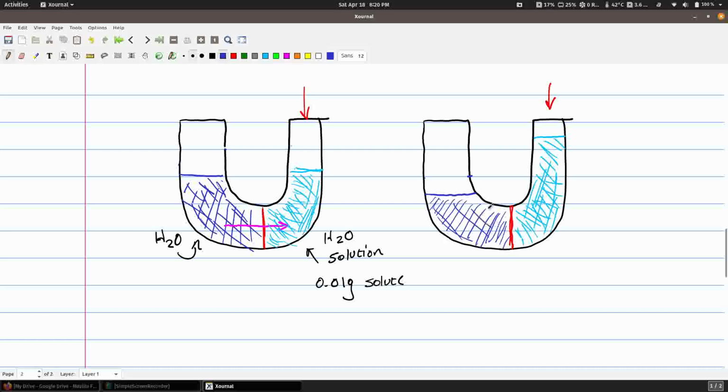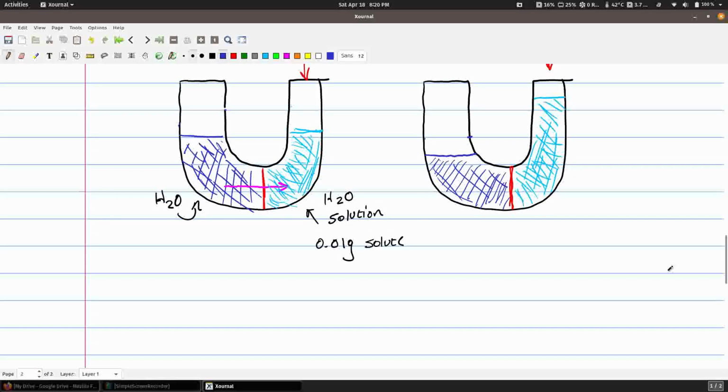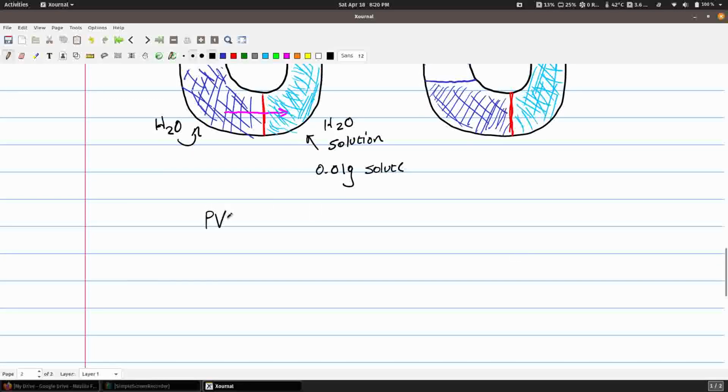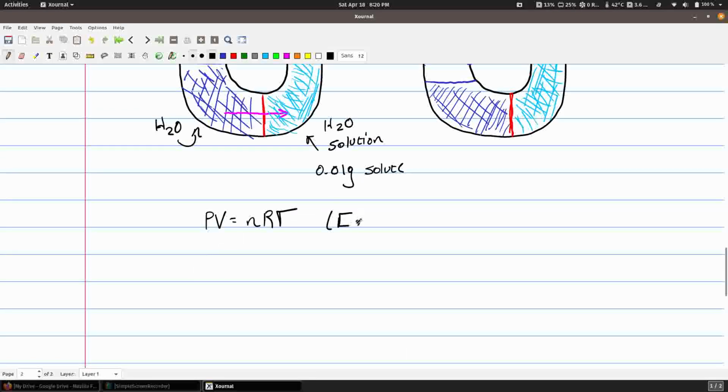And here we go. So the way to calculate it is derived from the ideal gas law. So you have PV equals nRT. Now, the formula for osmotic pressure, you could have P, PV equals nRT.